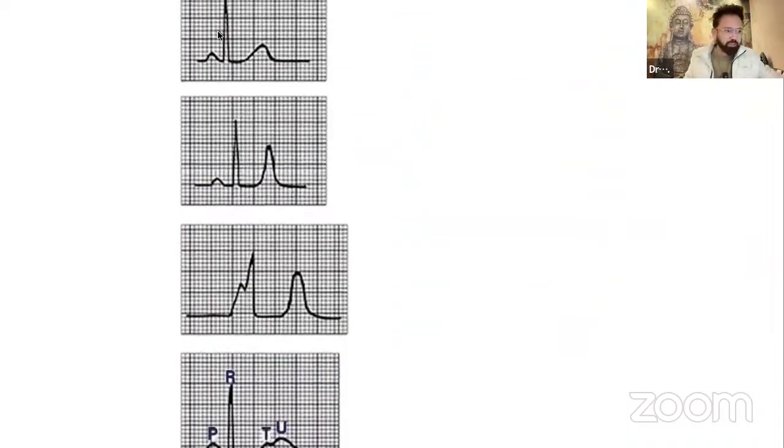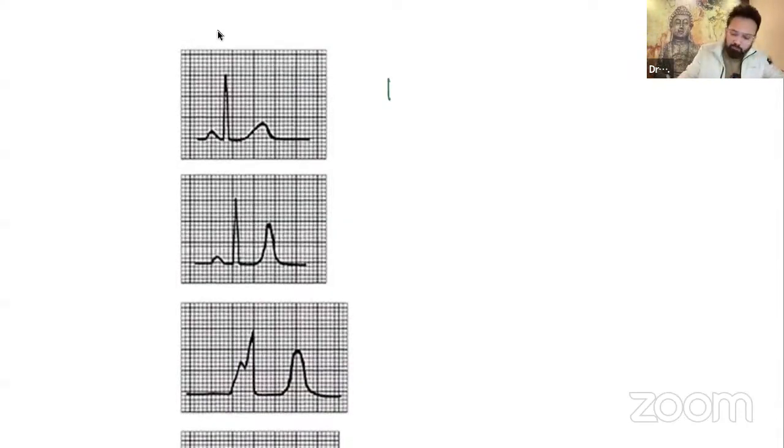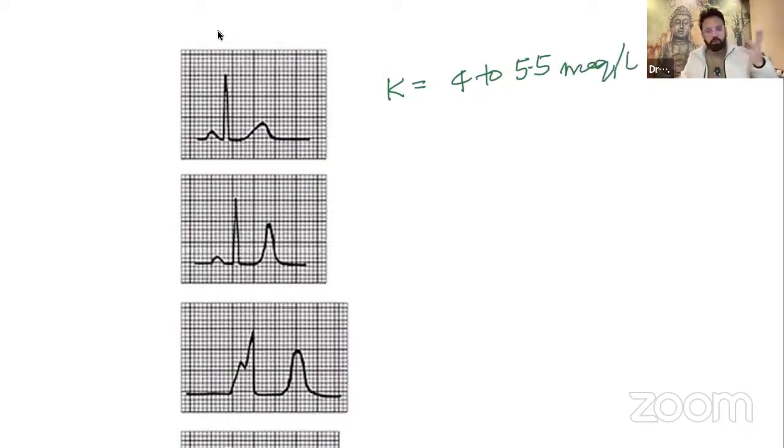Now, doctors, see this. Normally, this is the normal. When the potassium level is normal, suppose 4 to 5.5 milliequivalent per liter, the normal range, you know, the ECG is normal. But when the potassium level increases, yes, Dr. Sachin, tell me.